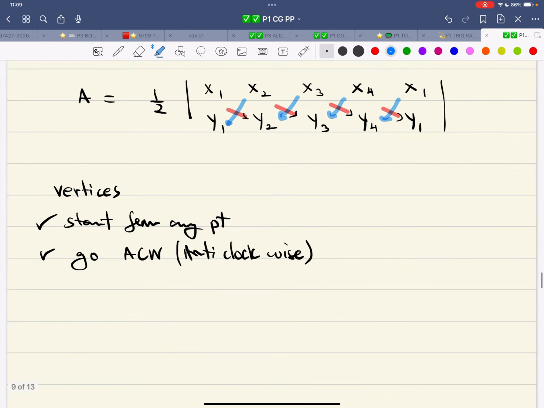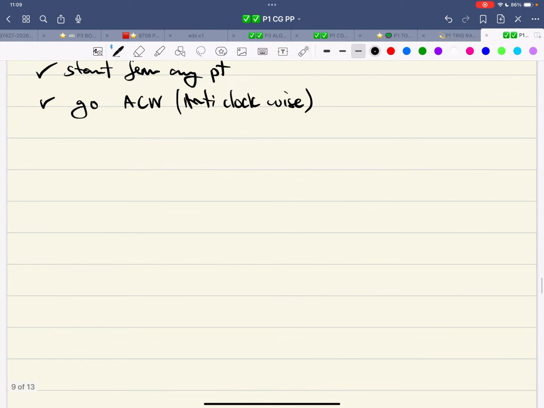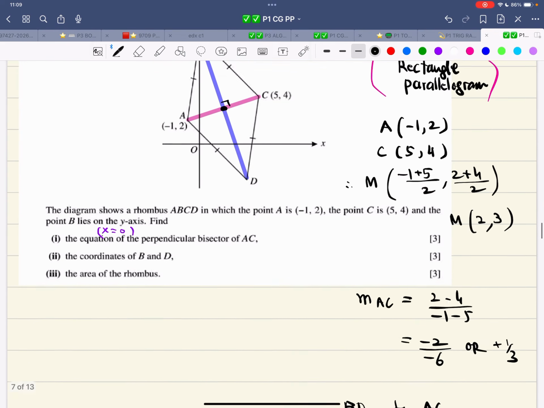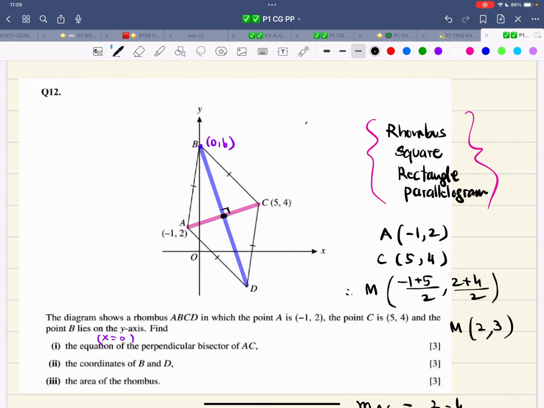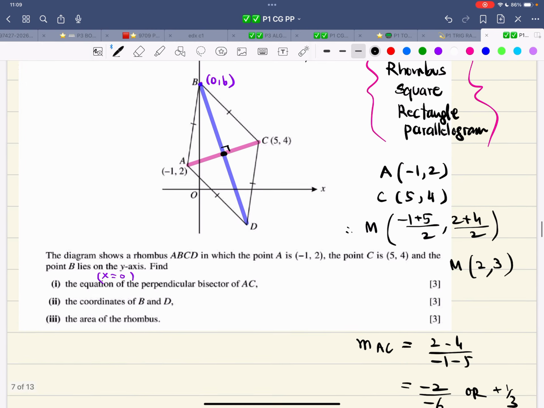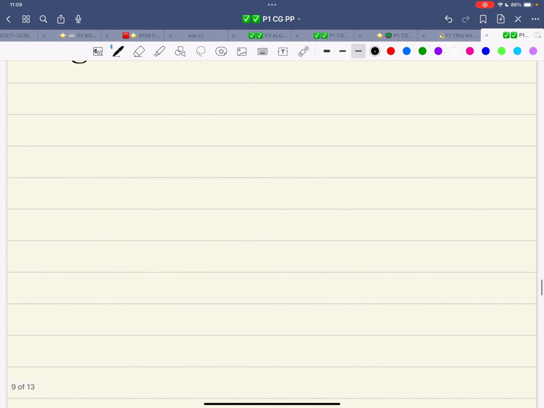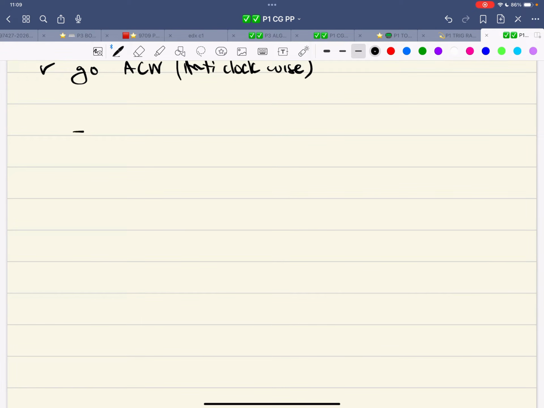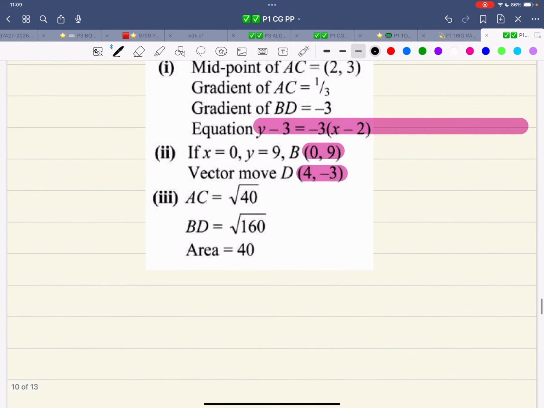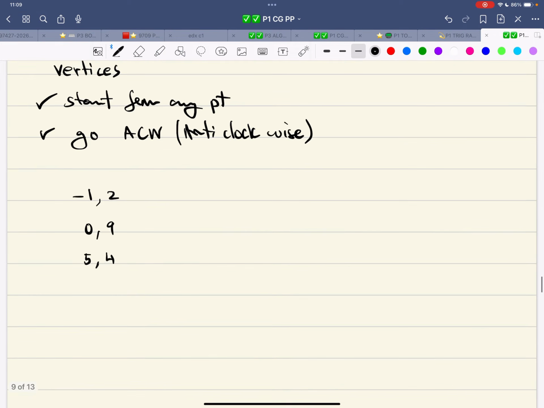Let me show it to you. So now over here, we have ABCD. What is the coordinate of A? -1, 2, 0, 9, 5, 4. Hold for a second. -1, 2, 0, 9, 5, 4. And what is the fourth one? The fourth one is 4, -3.